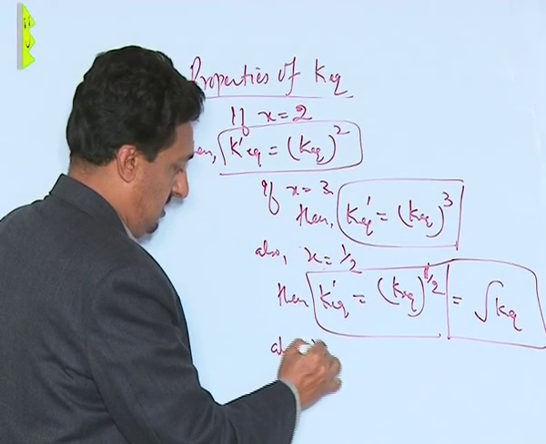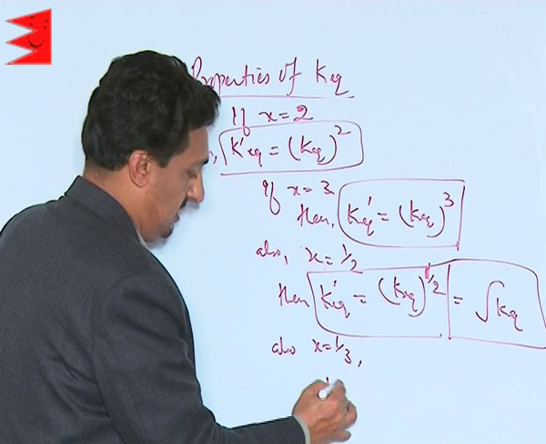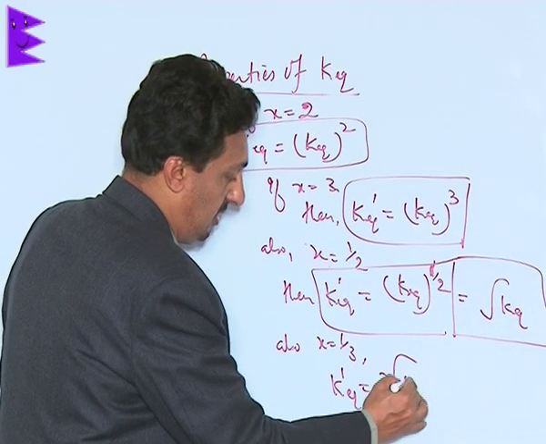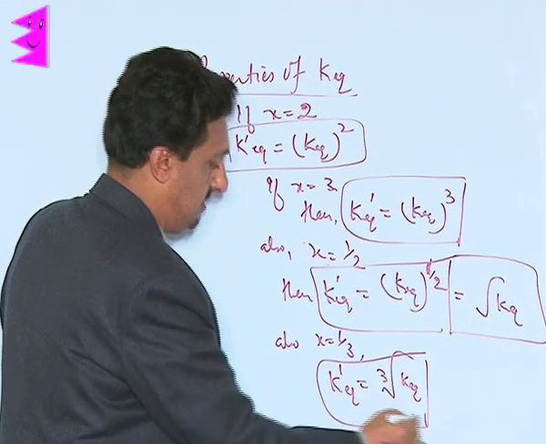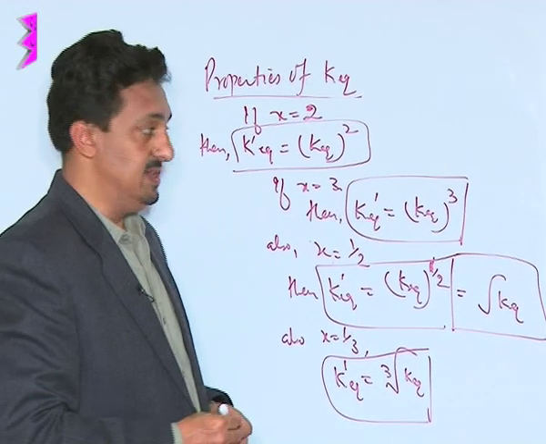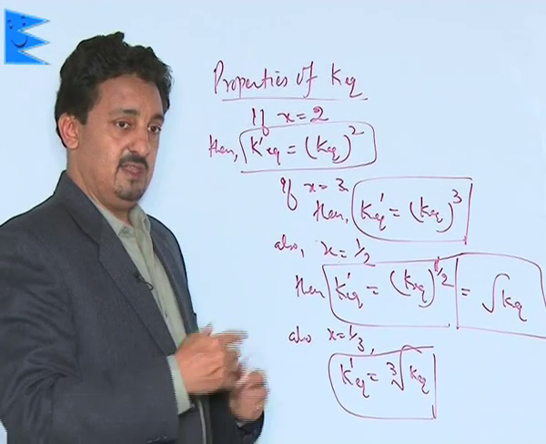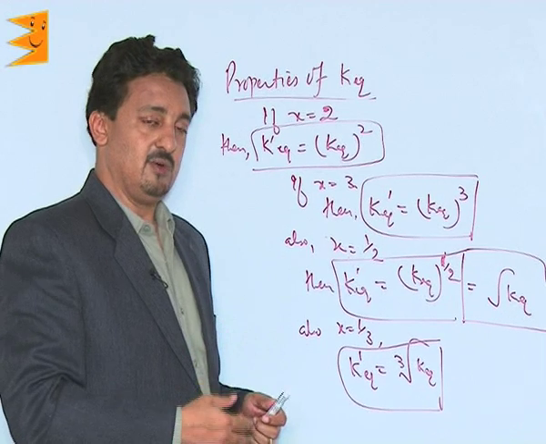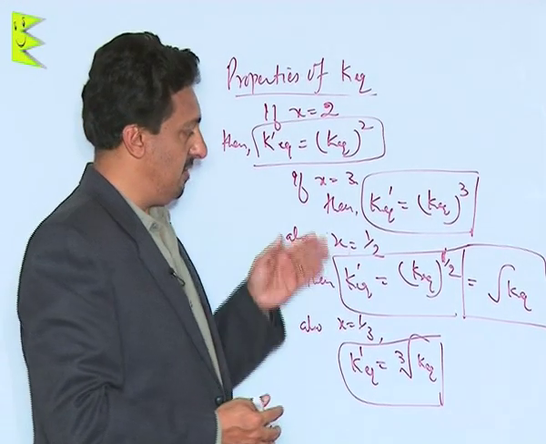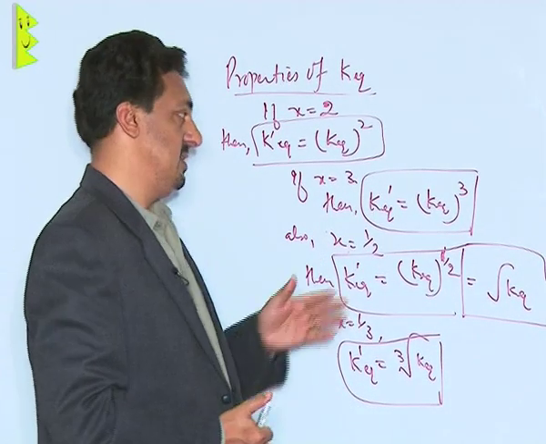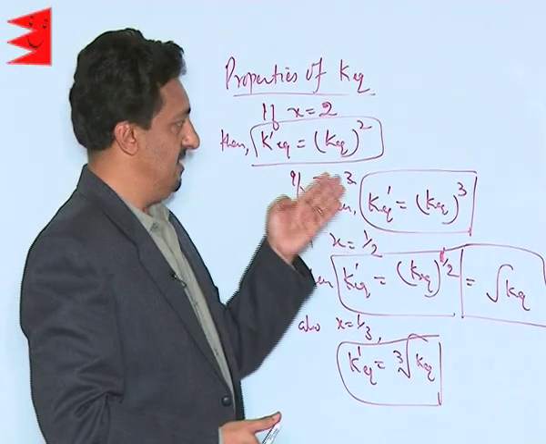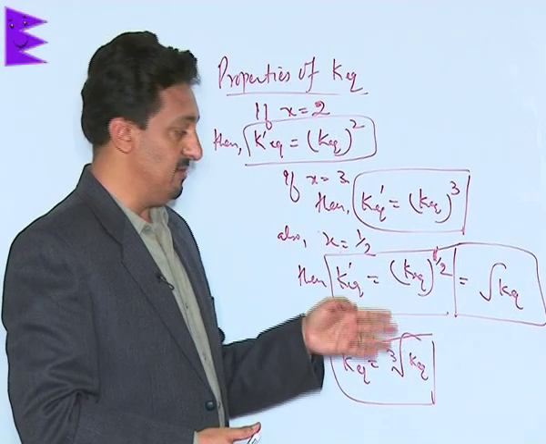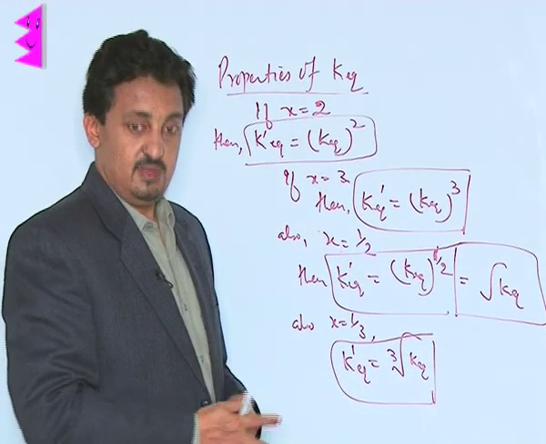Also, if your x is 1 by 3, then your new equilibrium constant is the cube root of your previous equilibrium constant. So this is a very important property: if you are multiplying by certain times, or dividing to a half or one third, then the new equilibrium constant is exactly to the power x. If it is double, it is square. If it is triple, it is cube. If it is half, it is square root. If it is 1 by 3, it is cube root.